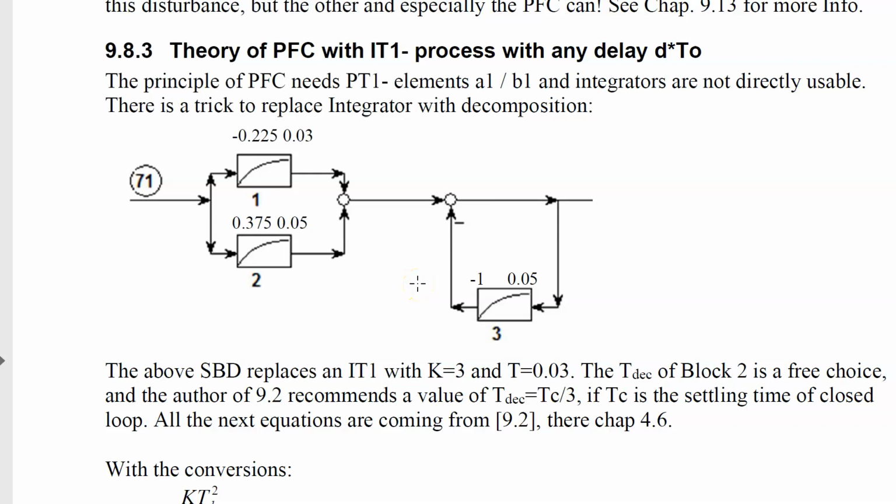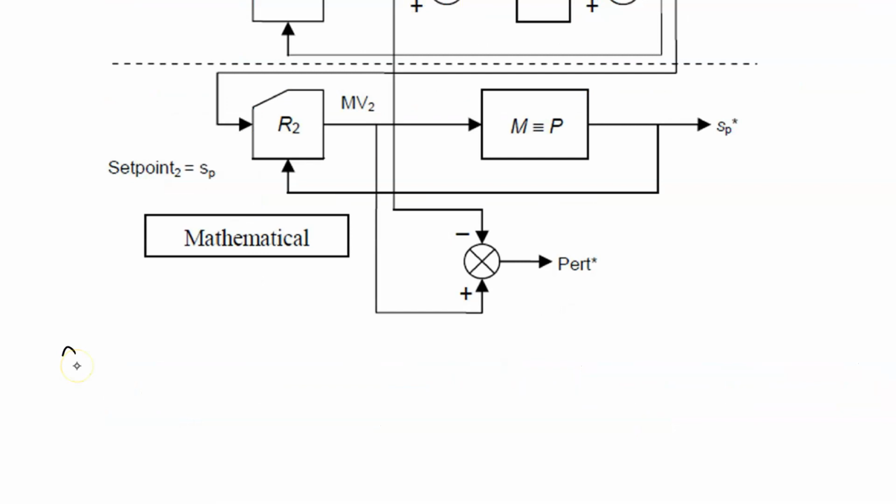Let's do this in my OneNote writing. So chapter 9.8.2, this is the disturbance behavior. See paper. We have done this in previous videos and simulations, so this is nothing new.